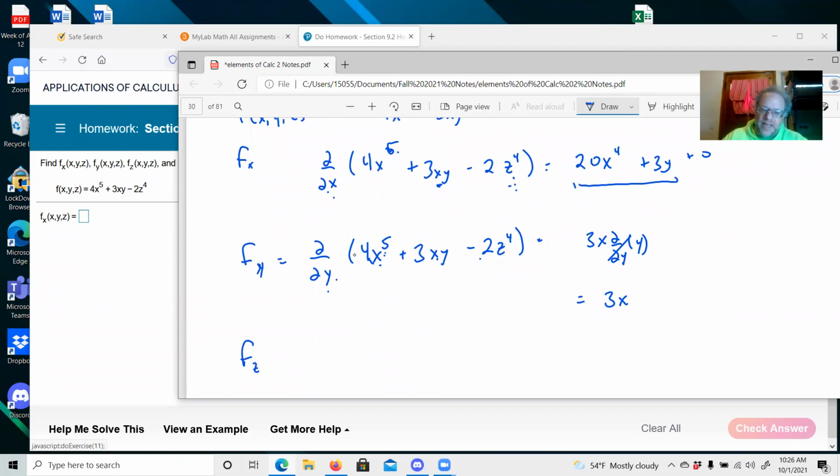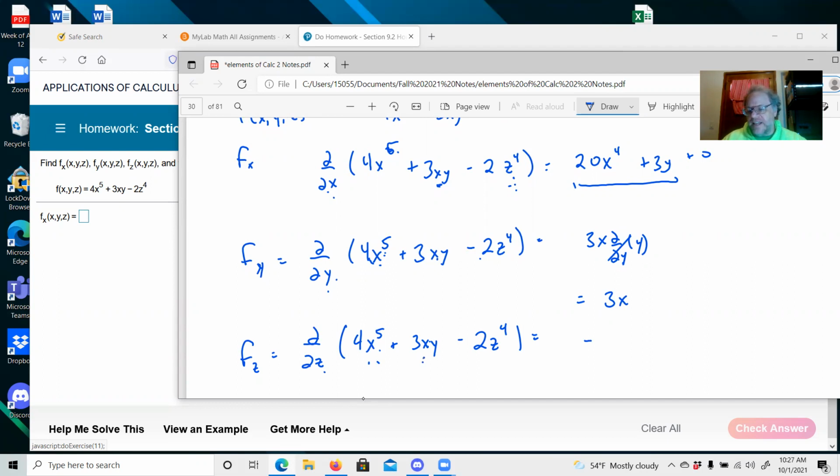And then f_z is equal to d/dz of 4x to the 5th plus 3xy minus 2z to the 4th. This will be a nice one too. This first term doesn't have a z in it, 0. Second term doesn't have a z in it, 0.